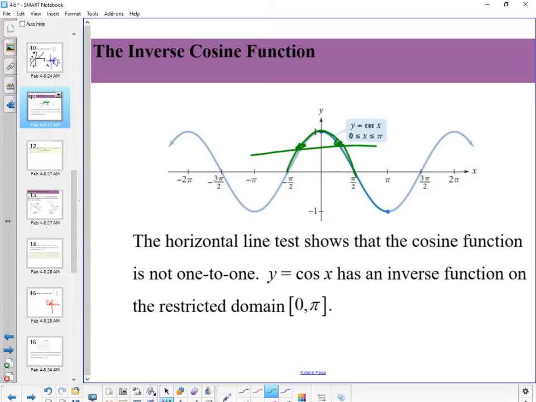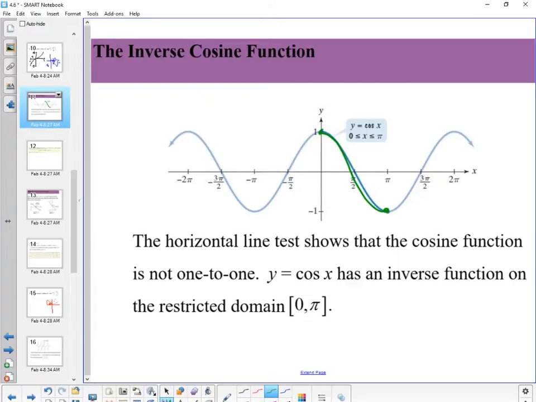The horizontal line test tells me if it's 1 to 1. I have to pass vertical line and horizontal line. This one doesn't pass the horizontal line, does it? Therefore, it's not 1 to 1. So I have to find a segment on this that would be considered 1 to 1. And that segment goes from here to here. Which means that every x has a y. And every y has what?